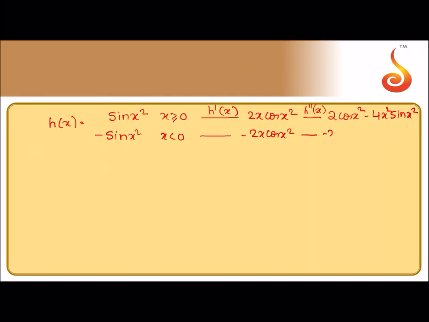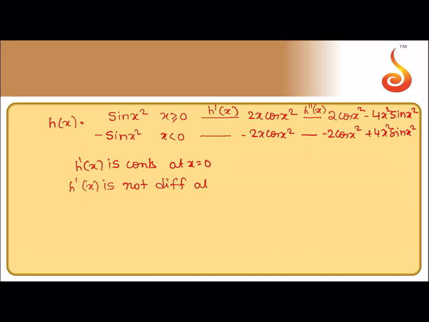Here you get minus 2x cos x square. Again differentiate it. We get 2 cos x square minus 4x square sin x square. Similarly, here again you differentiate, h double dash x. You get minus 2 cos x square plus 4x square sin x square.